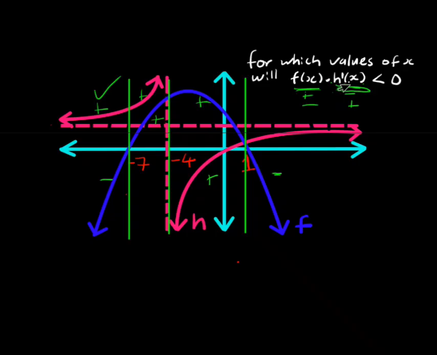Is the graph increasing or decreasing? Well, it is increasing since it's increasing everywhere. So this graph is increasing, and the y value of this graph is negative. So they're different. Does it fulfill this requirement? Yes, it does fulfill the requirement. So group 1 and group 4 works.